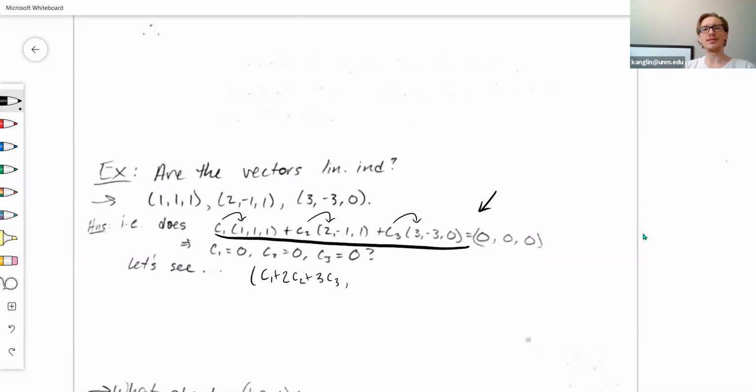Adding second components, same way, I get C1 times 1 plus C2 times -1 is minus C2 plus C3 times -3 is minus 3C3. And in the last component, C1 plus C2 plus 0, I won't even write it. And this all has to equal the 0 vector. So we just equate the components on the left to the components on the right.